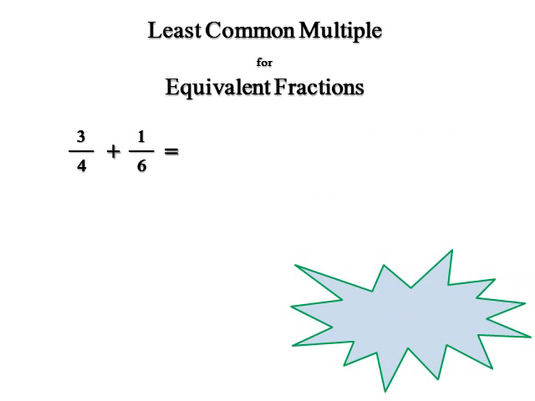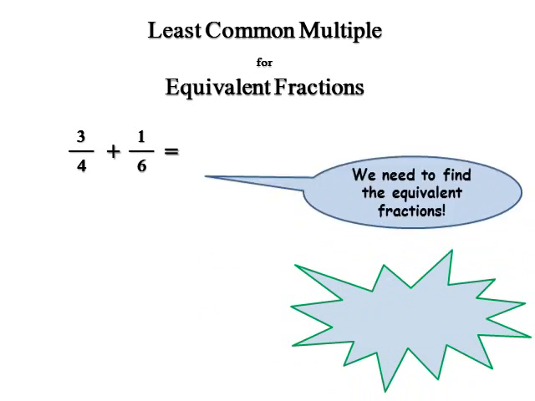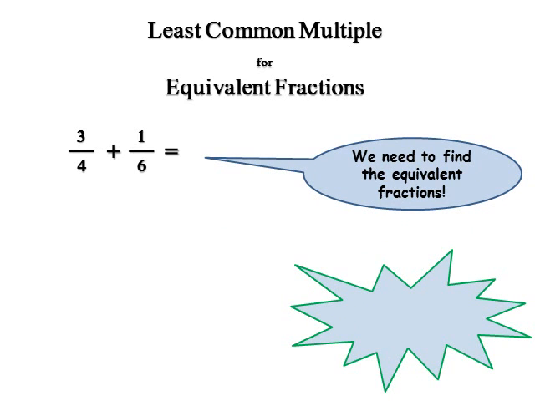Alright, let's try this one: 3/4 plus 1/6. Again, 4 and 6 are not the same denominator, so we need to find the equivalent fractions. Let's find the LCM. For the denominator 4, we have 1 times 2 times 2 as factors. And for 6, 1 times 2 times 3 as factors.